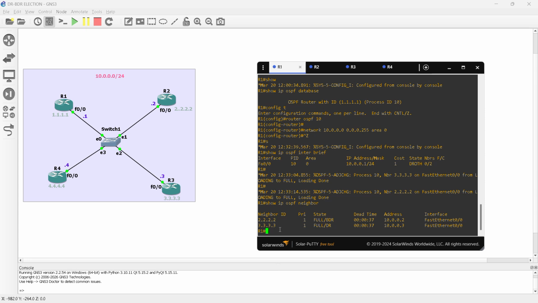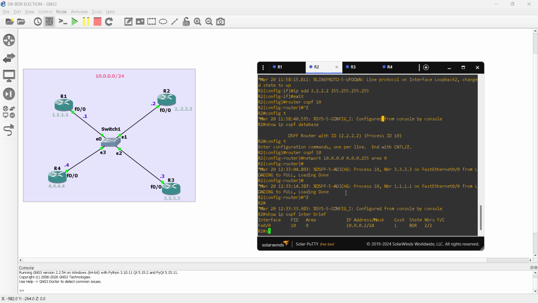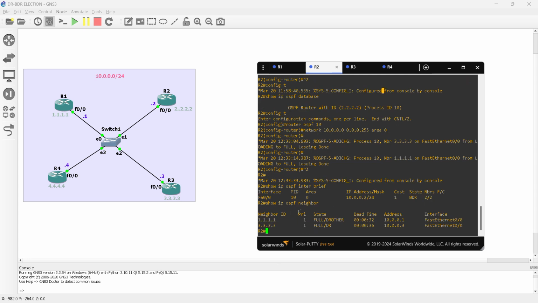If you look at R3, R3 is fully adjacent and it is in the state of designated router. If we go and check R2, R2 is neighbors with R1 and R3.